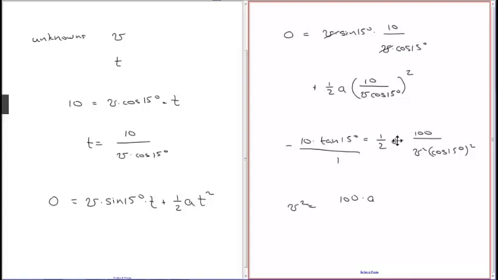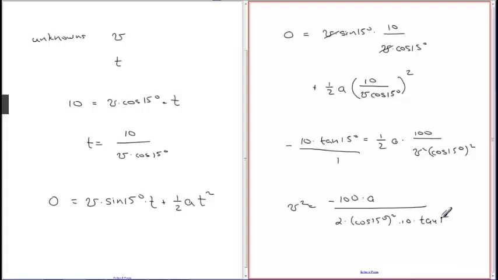We have the cosine of 15 degrees squared from here. And we divide by 10 times the tangent of 15 degrees. And we have a negative sign too from there. And since the acceleration is negative, everything's going to work out.